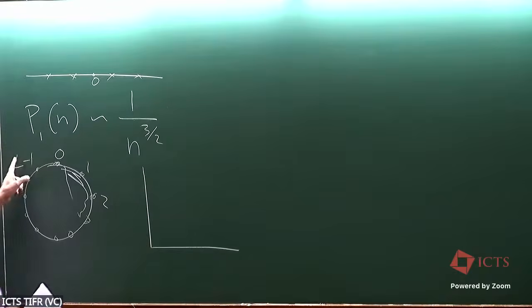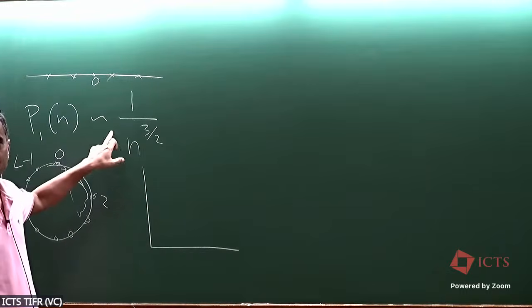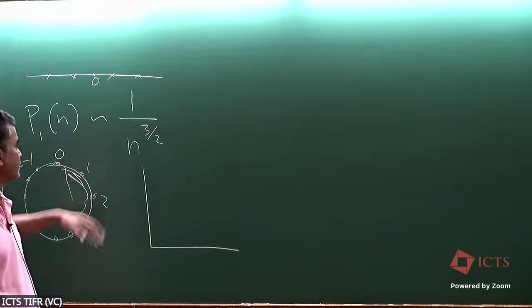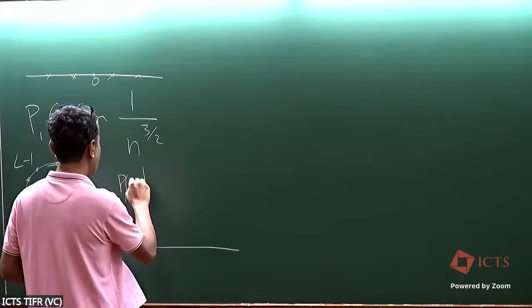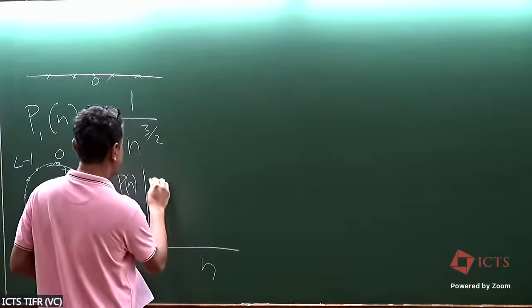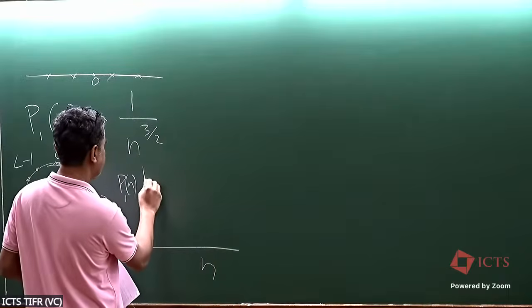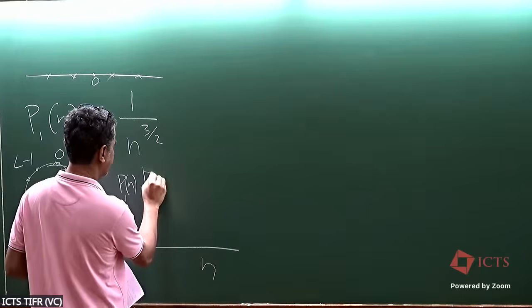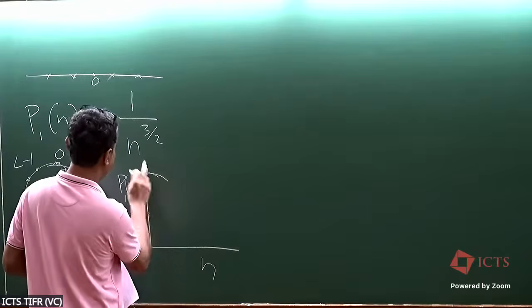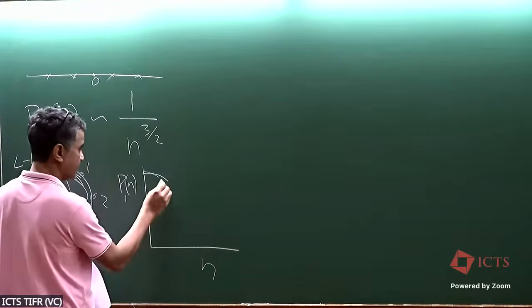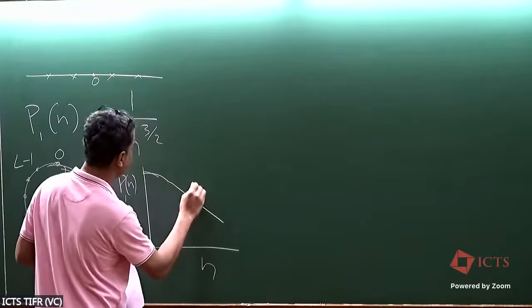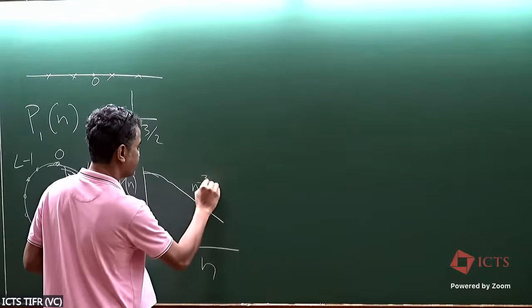This result was derived for an infinite lattice, so for a finite lattice it is not going to be true. But if L is large, what you will see, if you plot P1(n) versus n on a log plot, is that initially it has some form which need not be this, and then you'll see the slope n to the power minus 3 by 2.